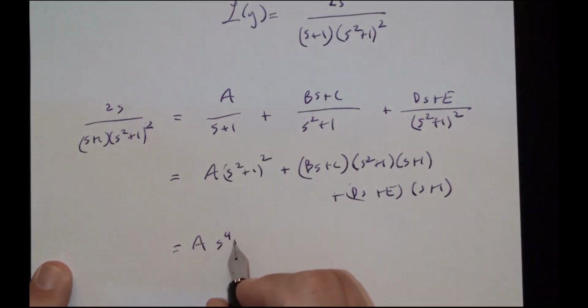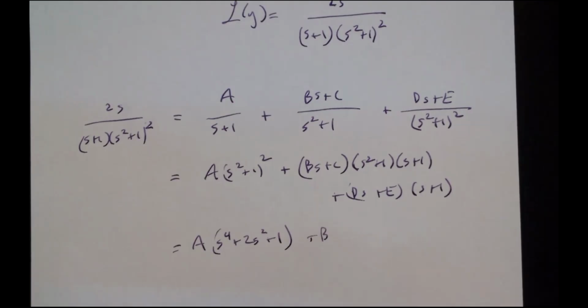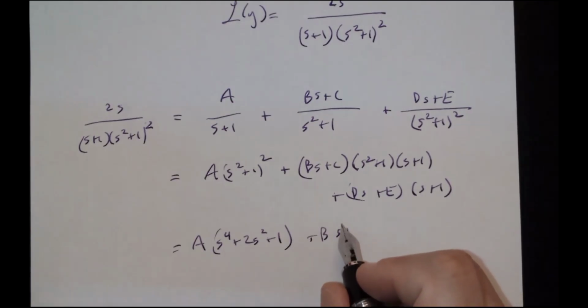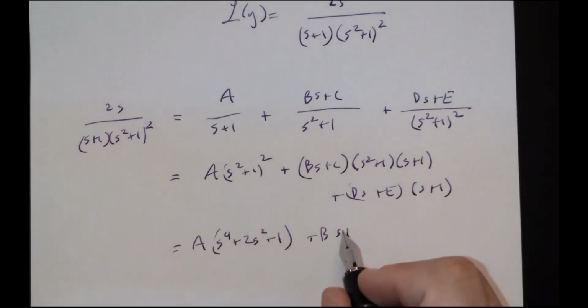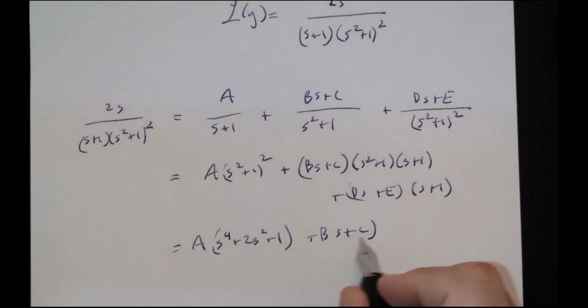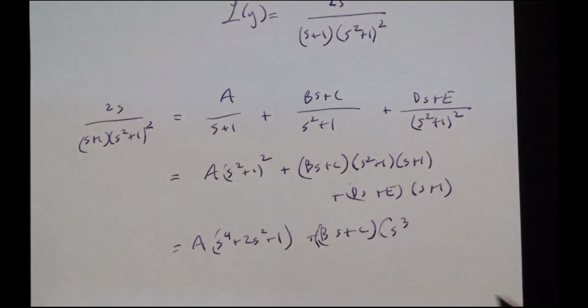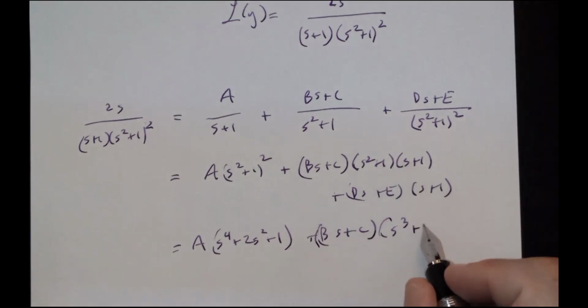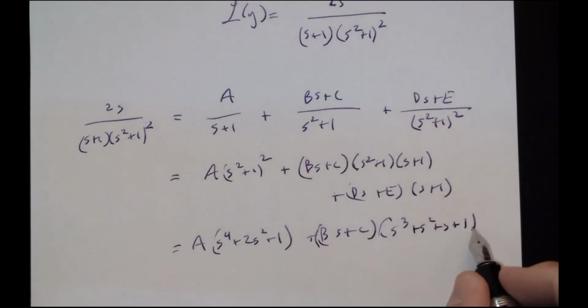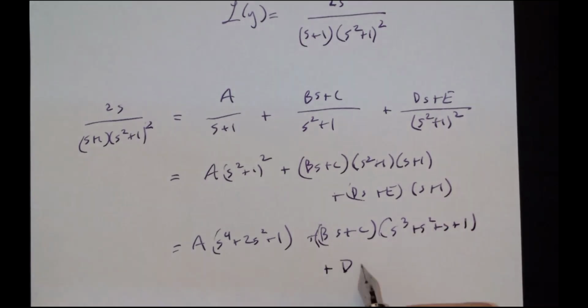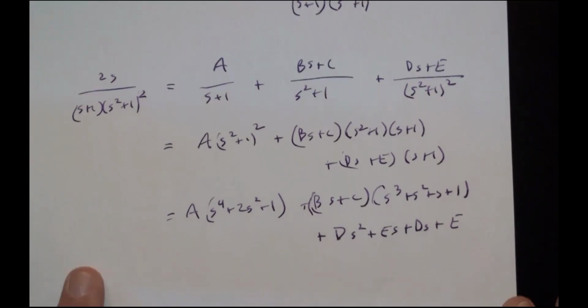A, s to the 4th plus 2s squared plus 1, plus B, s to the 4th plus s cubed plus s squared plus s, plus C times s cubed plus s squared plus s plus 1, plus D s squared plus Es plus Ds plus E. And I got to multiply that one out, so I got them all together.